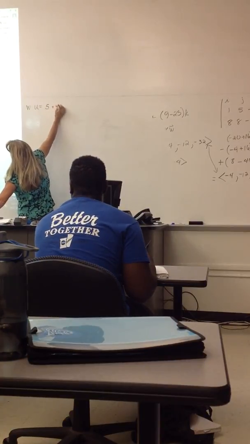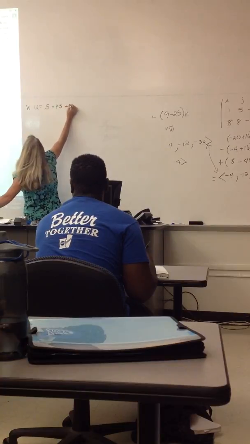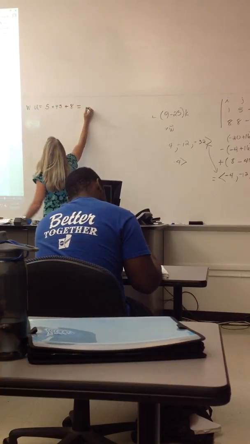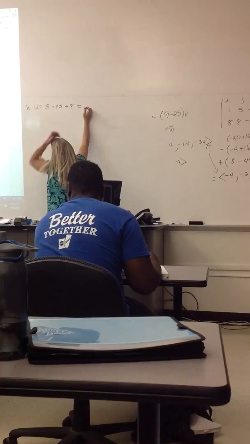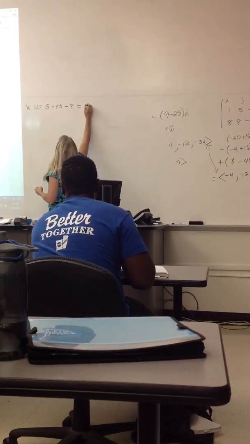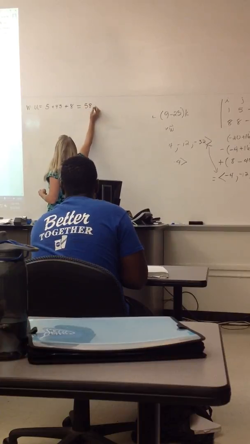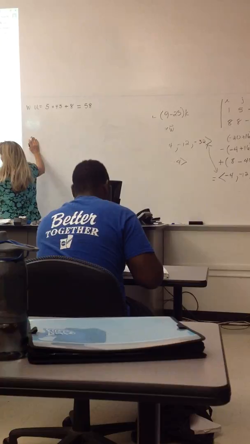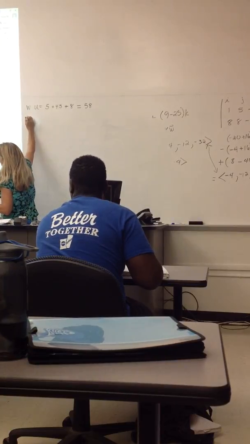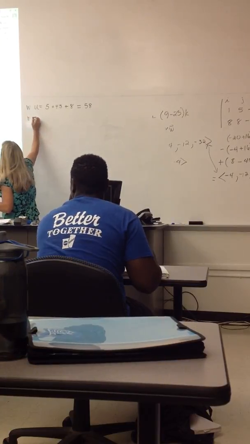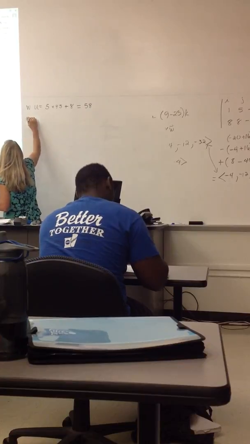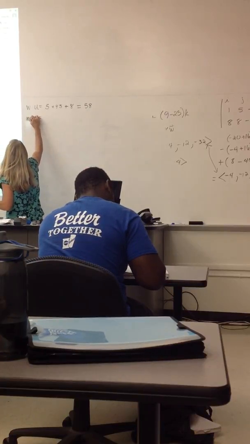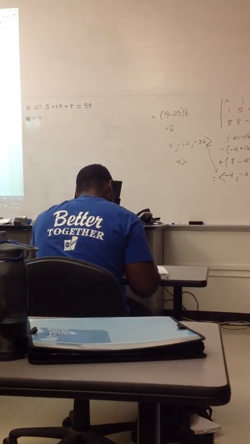So w dotted with u is going to give me 5 plus 45 plus 8, so that would be 13 plus 45 is 58. While I'm dotting, I'm going to dot w with v, because I'm doing this right here.